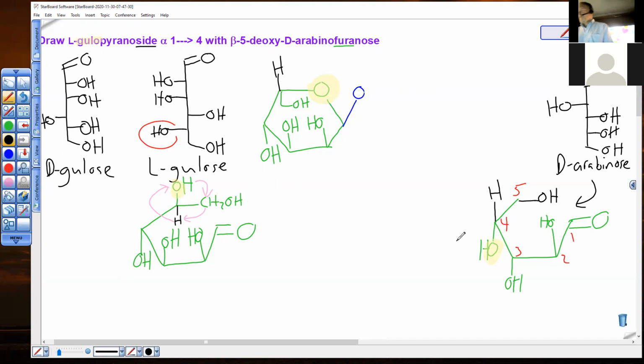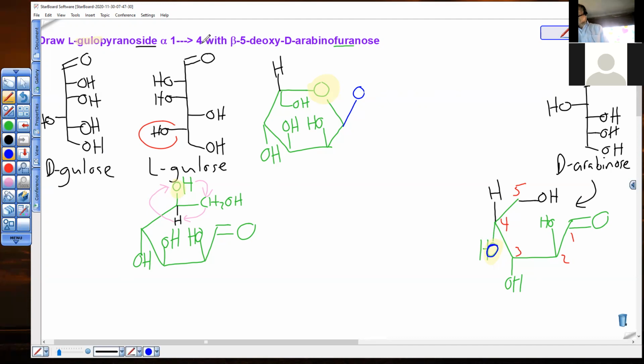And carbon 4, this O, I'm going to redraw it the right color. That O is already drawn on my other sugar. It's the one that made this ring. Sorry, connected with this ring from here.